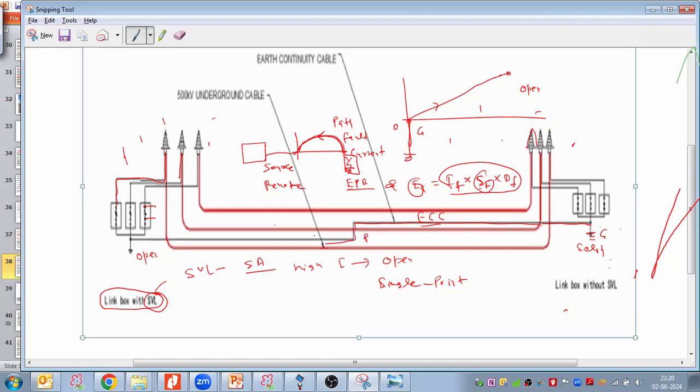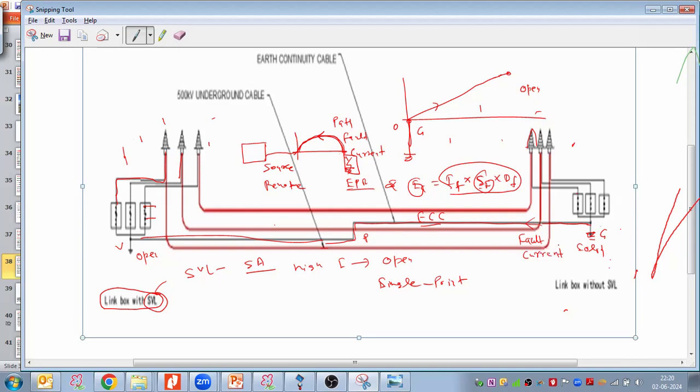If you are laying three single-core cables, you will see that four cables have been used. The fourth one is your ECC cable. This ECC cable connects this point and this point, and provides a safe, low impedance path for the fault current.